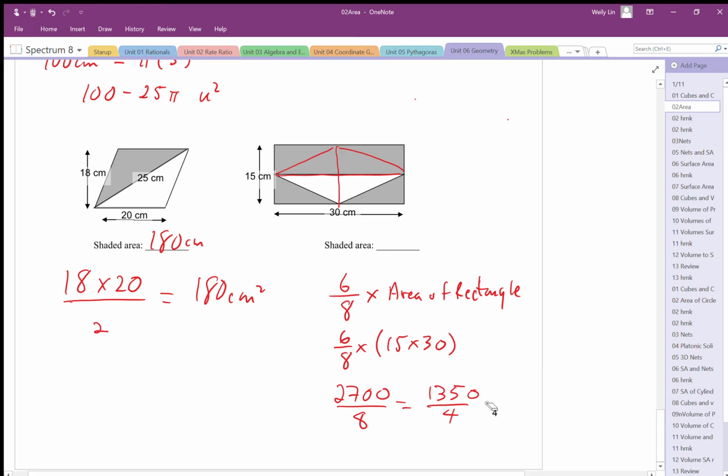Oh, I can simplify that further, right? That's going to be 675 over 2 units squared, or 337.5 centimeters squared.